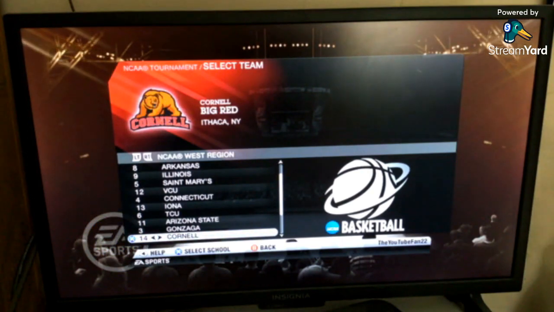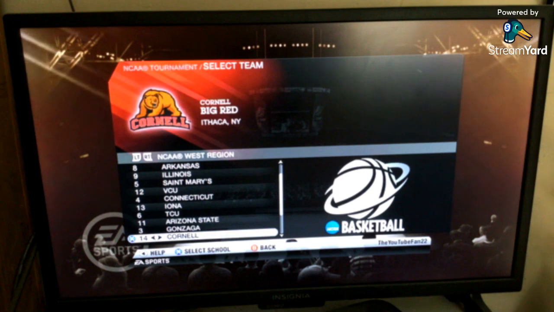So, I can replace it with any of these teams that I just come across in here. I could leave it as Cornell, or I can change it to one that has not been selected. I can put a team that was just one away from being in, that was the first out.